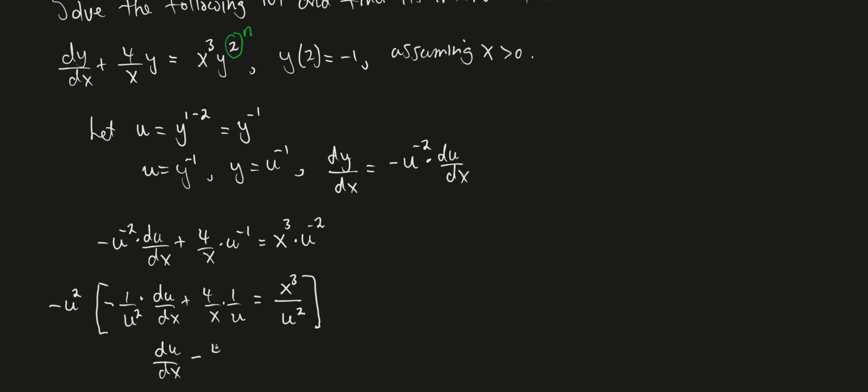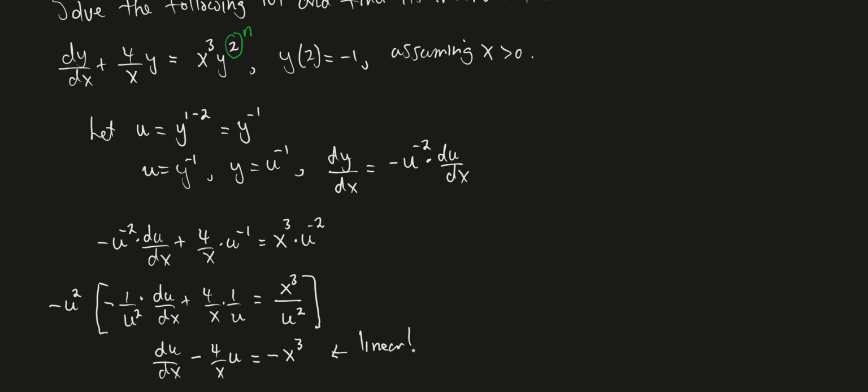I'll still have my 4 over x, that doesn't change, and then I end up having u squared over u, which is u. And on this last term on the right hand side, the u squared completely goes away, but I have a negative in front of it, so I have negative x to the third power. All right, and this is now linear.